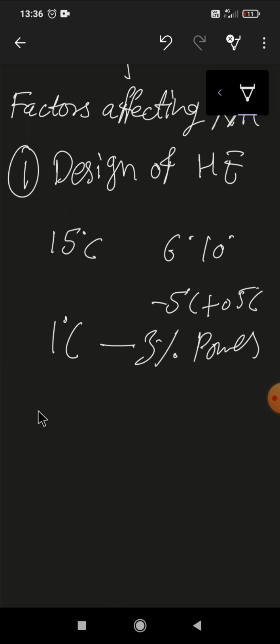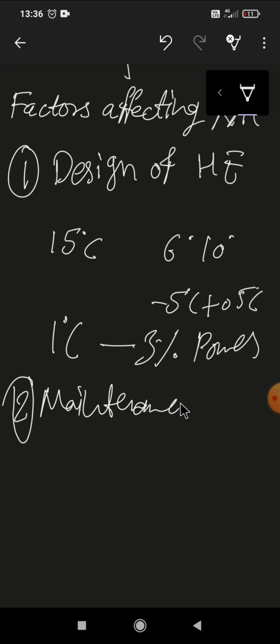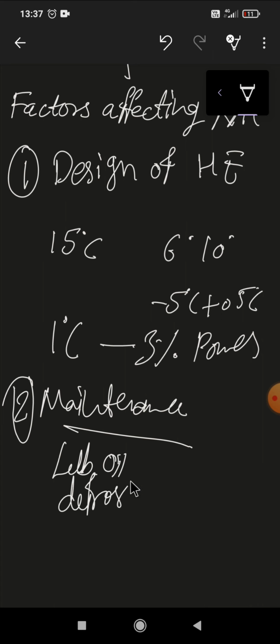Then the second point is maintenance of heat exchanger surfaces. Maintenance is also an important point: after installation of a less power consuming heat exchanger, it is essential to have proper maintenance of the same. Heat exchanger performance can be improved by ensuring proper separation of lubricating oil and refrigerant, timely defrosting of coils, and increasing the velocity of the secondary coolant.